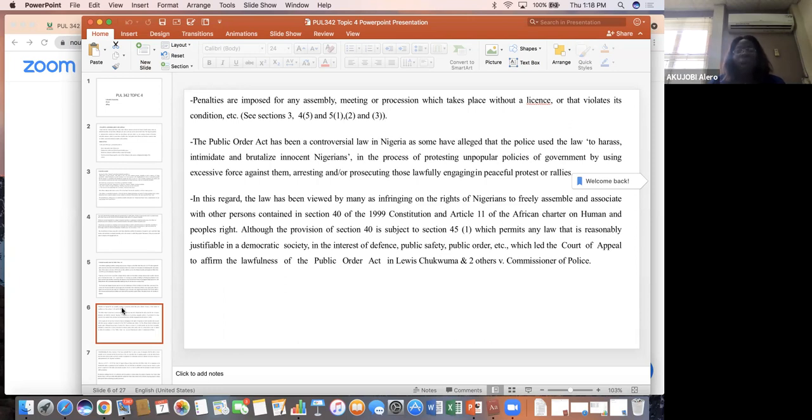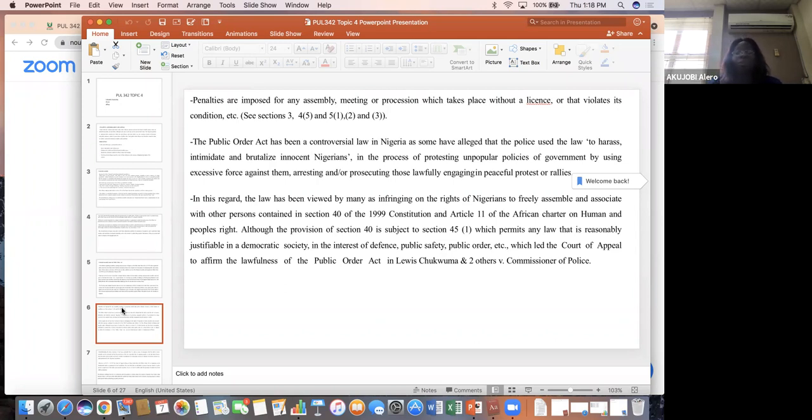But suffice it to say that this law, of having to obtain a license before carrying out a peaceful protest, has been viewed by many as infringing on the right of Nigerians to freely assemble and associate with other persons contained in Section 40 of the 1999 Constitution, and of course, Article 2 of the African Charter on Human and Peoples' Rights.